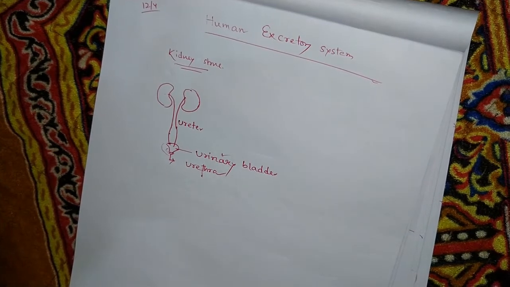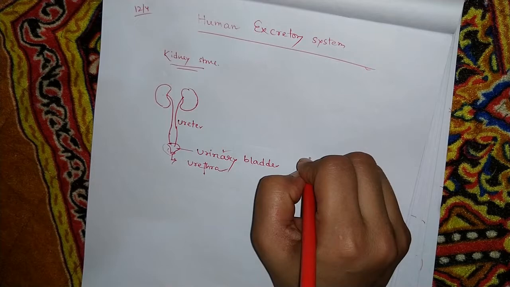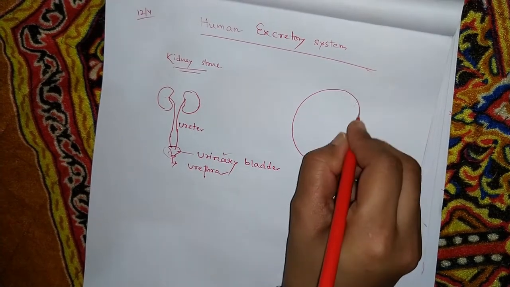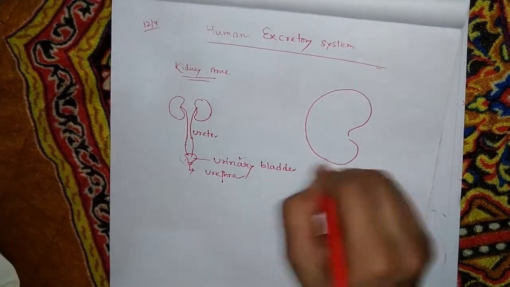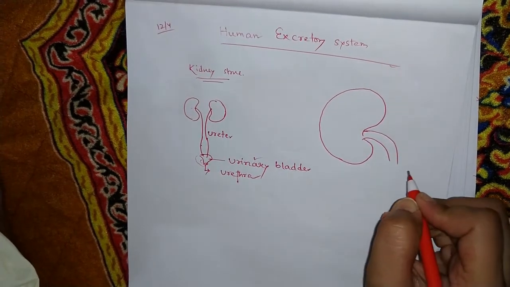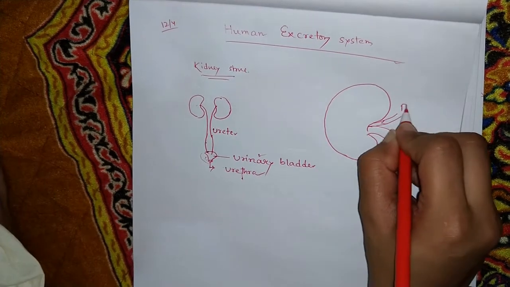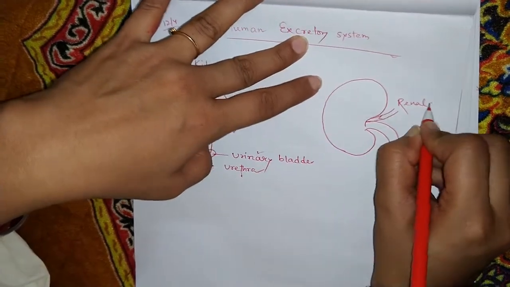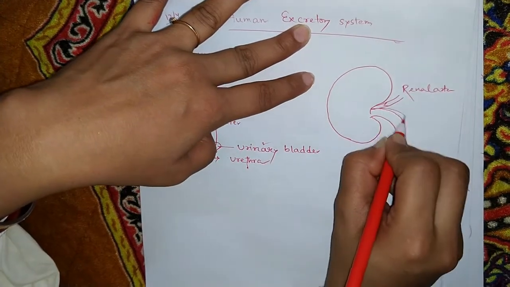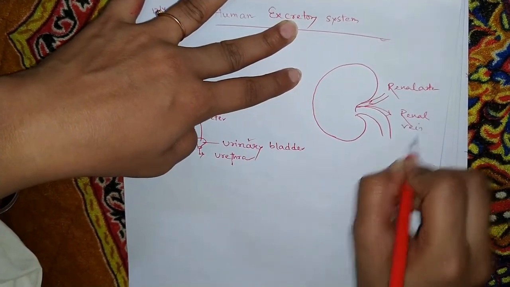If we take a closer view of the kidney, we will get this kind of structure. From here these ducts are coming. Here one renal artery will enter, and one renal vein will go outside.